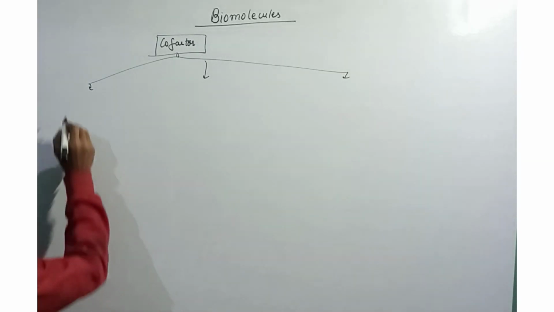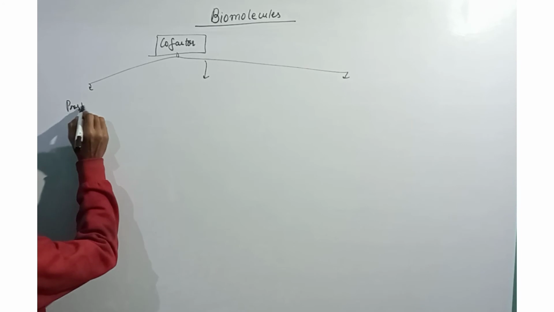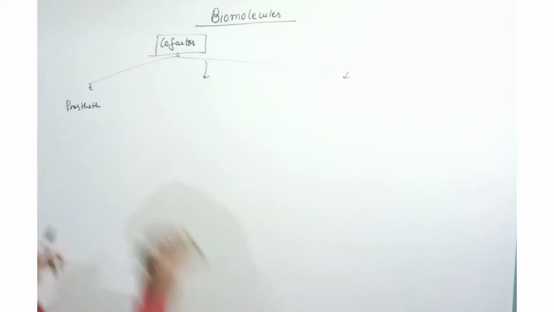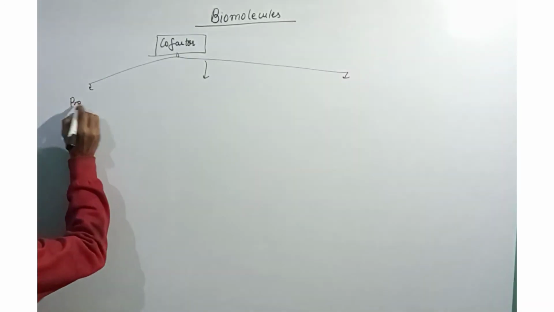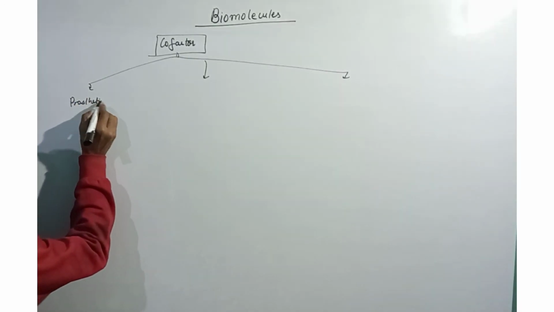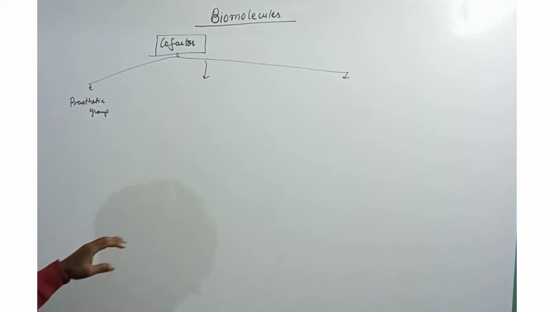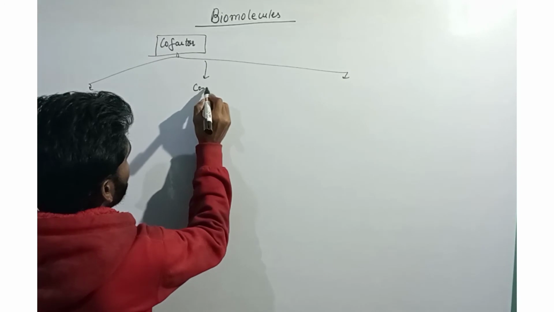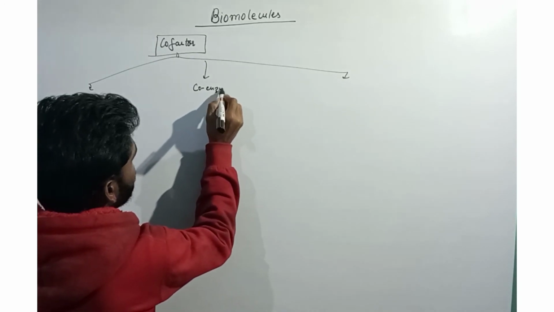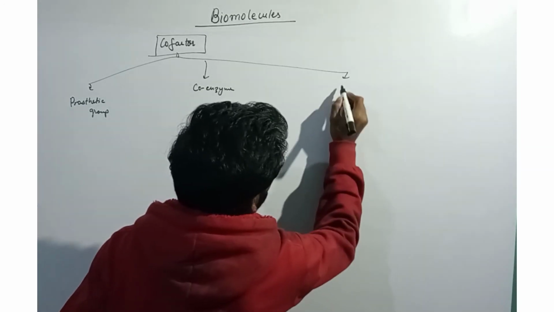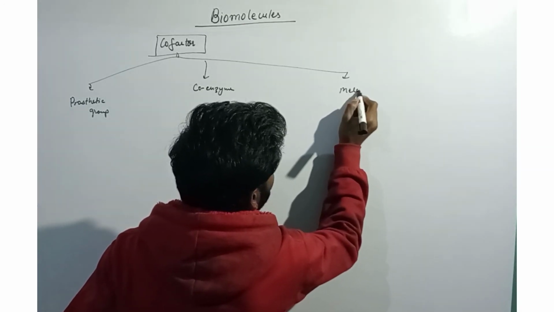It may be a prosthetic group, it may be a coenzyme, and the last one is a metal ion.